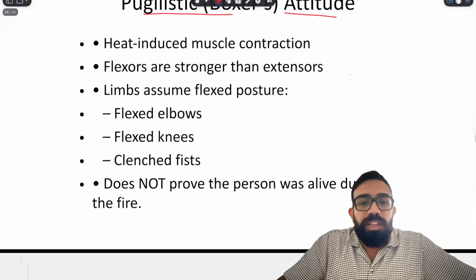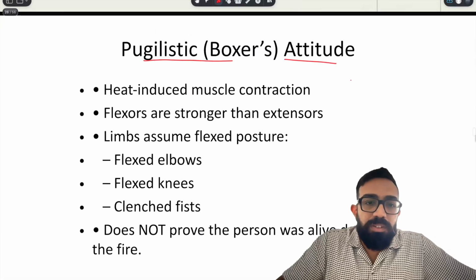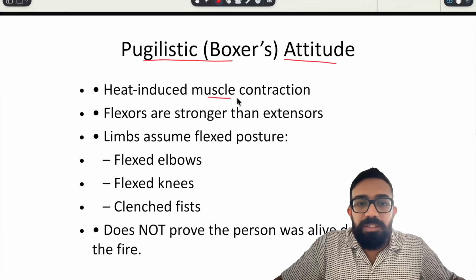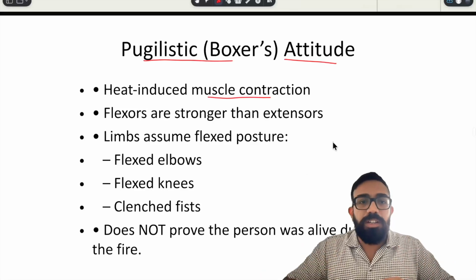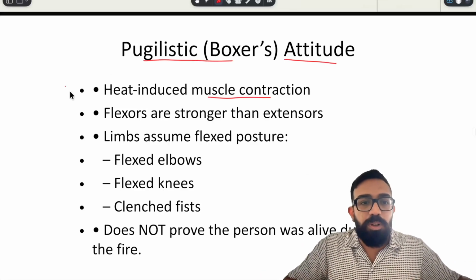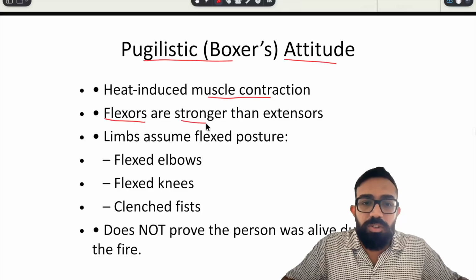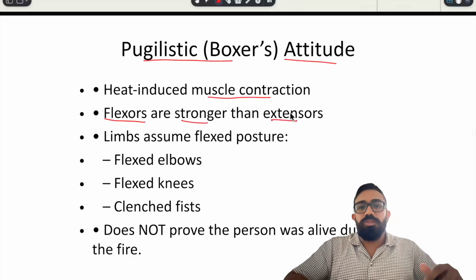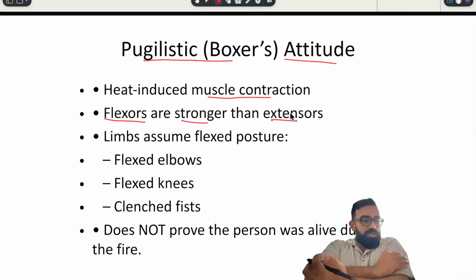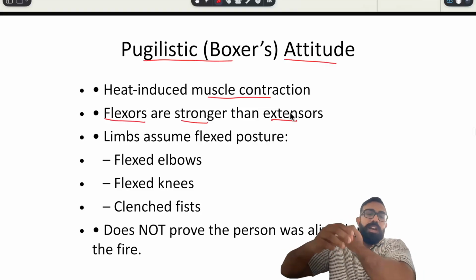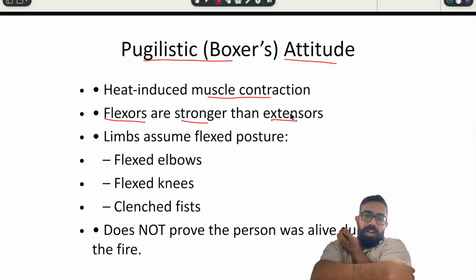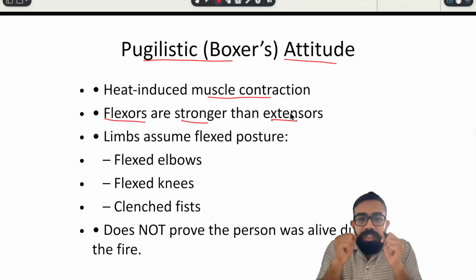So when the burns involve the muscle, the muscles contract, and generally in 90% of the population, flexor muscles are stronger than the extensors. So suppose there is a burn injury over here on the hand, this is going to contract. Even though the extensor should also contract, flexors are stronger. So the attitude is that of a flexion.